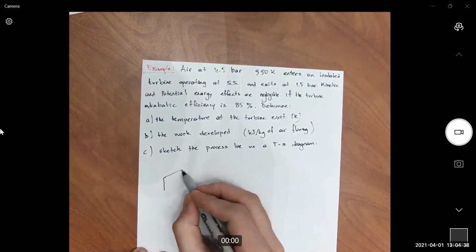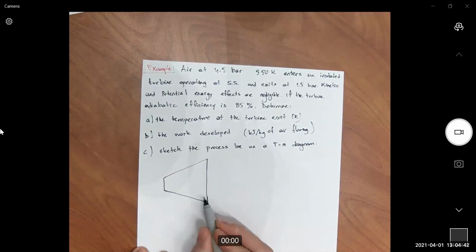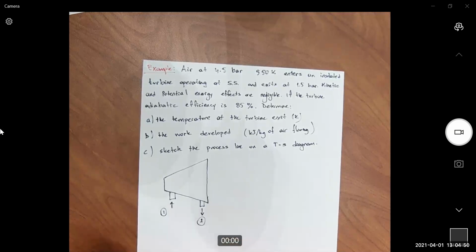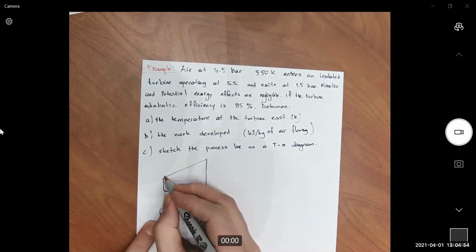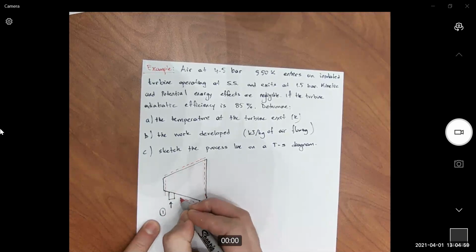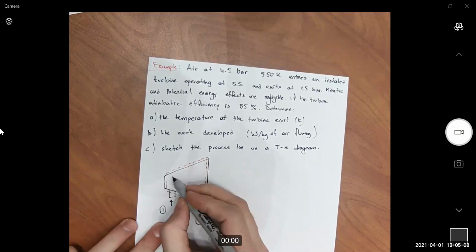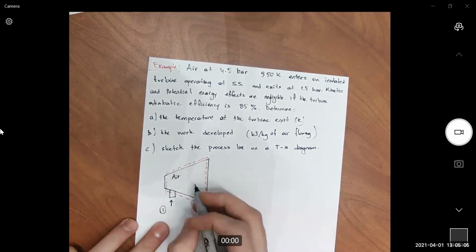Have a turbine with one inlet, one outlet, operating at steady state. Operating fluid is air.